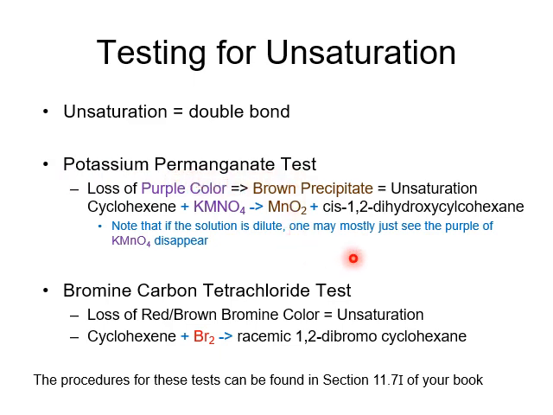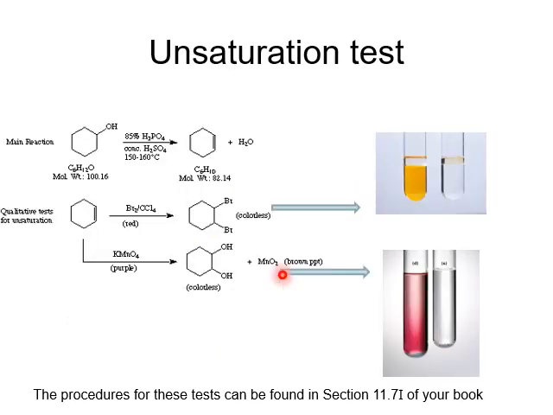You can add potassium permanganate to your solution. The purple color will change to a colorless solution with some brown precipitate, which is manganese oxide. The second test is the bromine test, where after adding it, the red or brown color of bromine will become colorless.